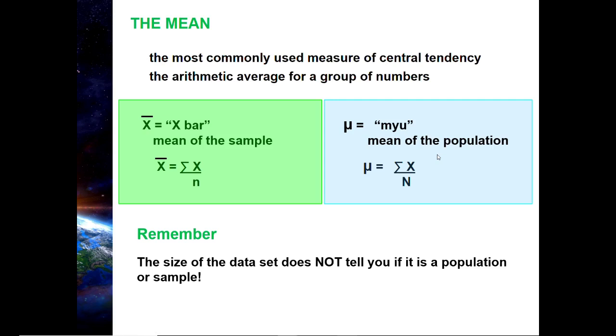We also talked about how you can't really figure out whether somebody calculated an estimate or a parameter based on the size of the sample, because estimates can be very, very large and they can be very small. And the same thing with parameters, right? The population can be very large or very small. And that's kind of where we left off.